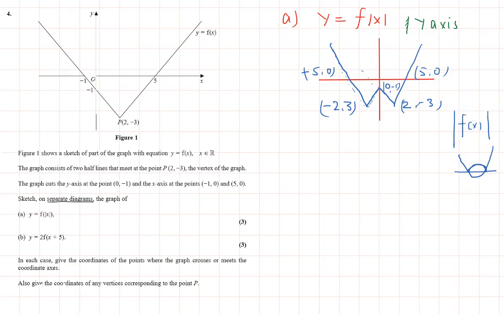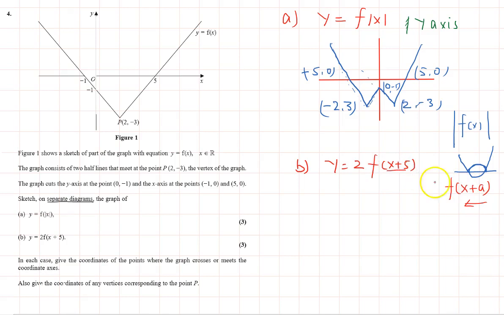Now part B is y is equal to 2f(x) plus 5. Now in the last video I told you that if the form is f(x) plus a, the graph will move in the negative direction of a.